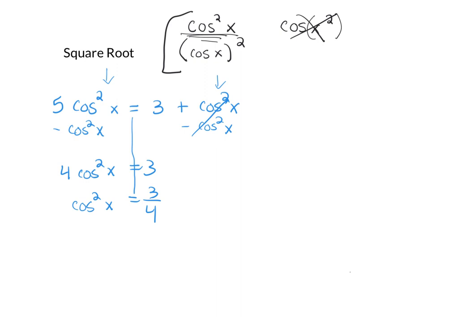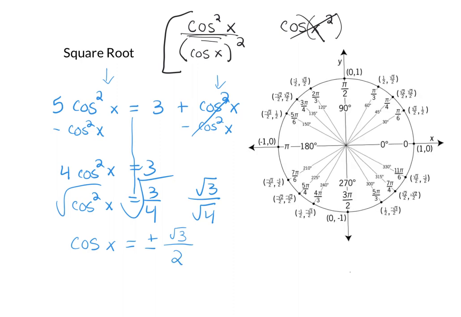And then we can square root both sides. So we'll have regular cosine of x is equal to plus or minus square root of 3 over the square root of 4, which is square root of 3 over 2. Okay, so where's cosine positive square root of 3 over 2 and negative square root of 3 over 2?